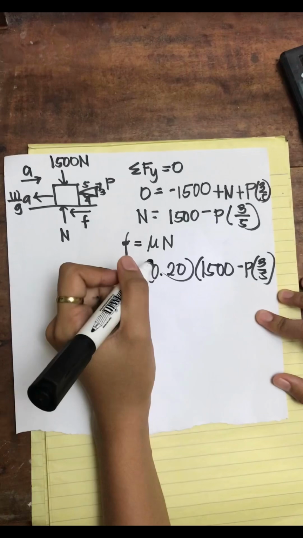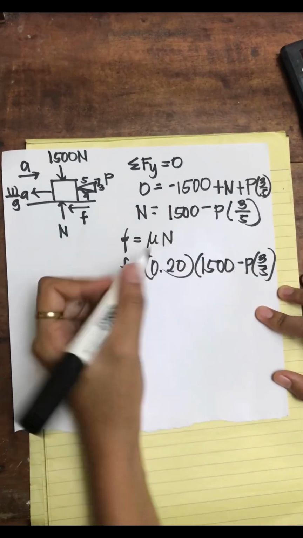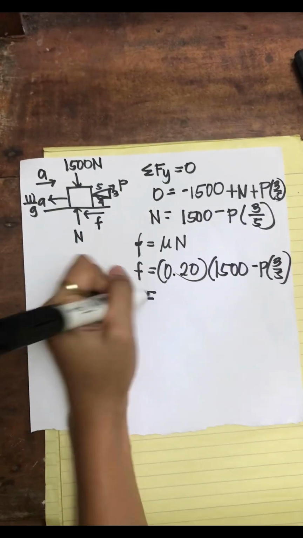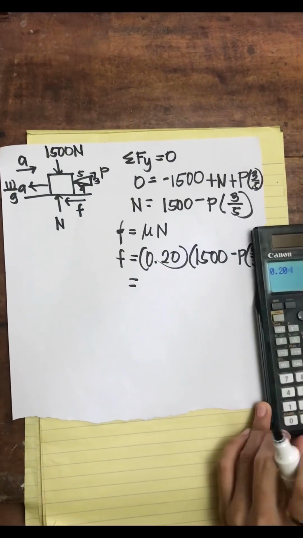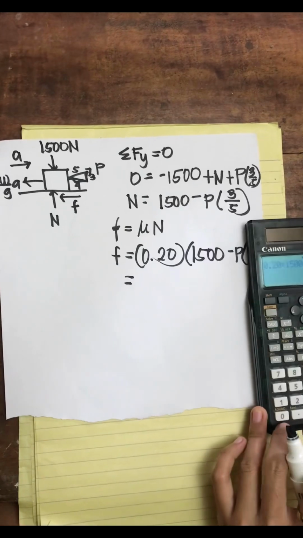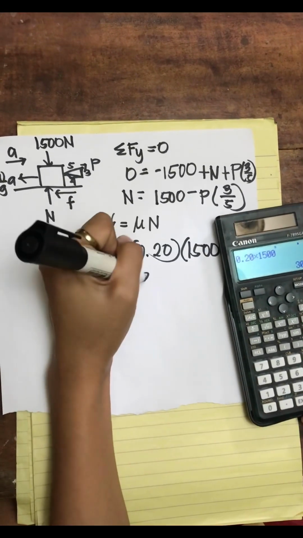So we have to distribute, so 0.20 times 1,500 equals 300.